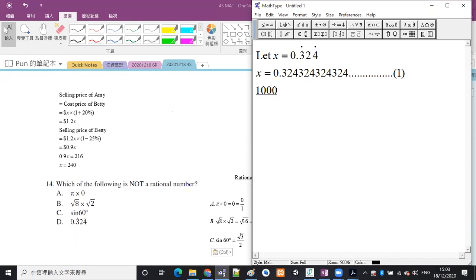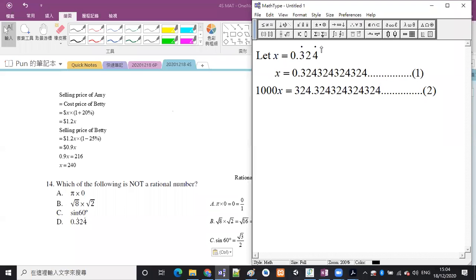So multiplying by 1000, it should be 324.324, 324, 324, many 324s. This is equation 2. And I remember that I asked you to align by the decimal points.